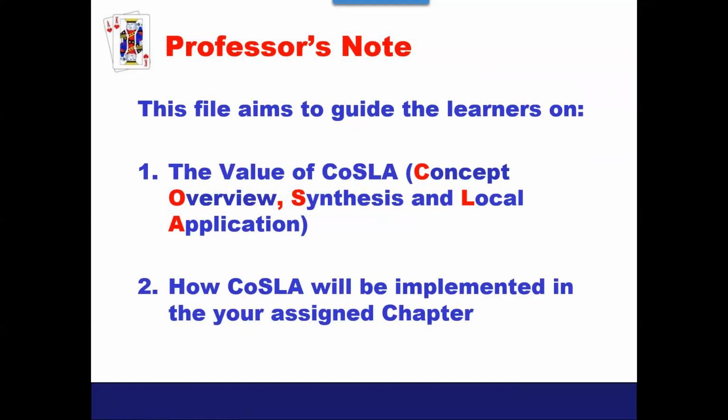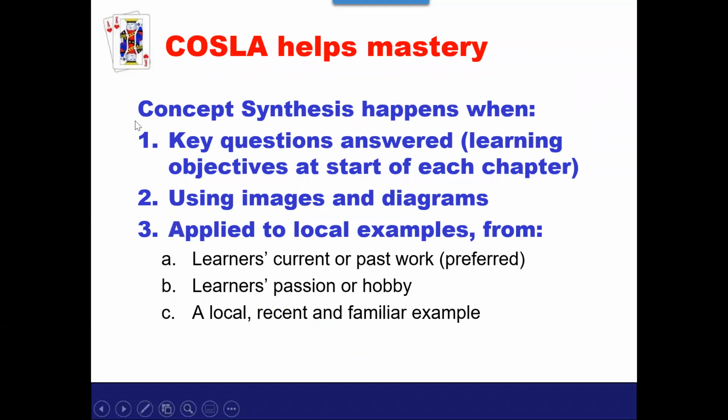So basically, the synthesis portion is you answer the learning objectives, which are at the start of the chapter, use images and diagrams, and apply it to local examples from A, your current or past work, B, your passion or hobby, or C, a local, recent, and familiar example. So that is what COSLA is all about.